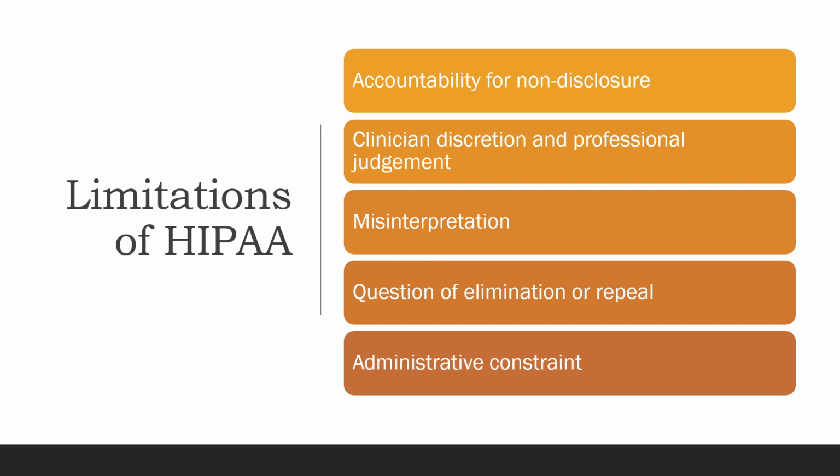With every law, there are limitations or downsides, and HIPAA is no exception. There are clear consequences if a provider discloses PHI without a patient's consent. However, there may be instances that are time sensitive or life threatening that are either up to a clinician's discretion to disclose or require patient authorization to disclose. The law does not have as clear consequences for clinicians that do not disclose PHI when it may be otherwise warranted to do so.